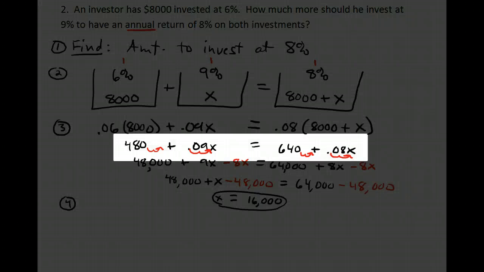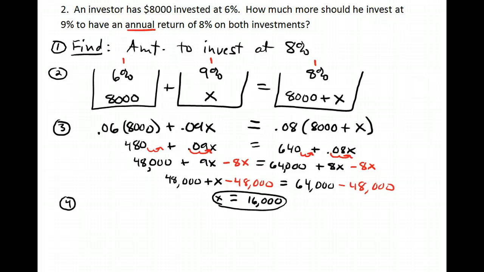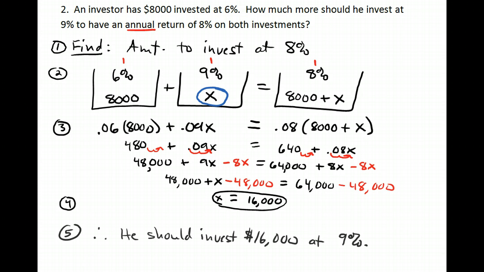When I multiply through by 100, I move the decimal point over 2 places, and I solve the equation. I get X equals 16,000. Well, what did X represent? X represented the amount that I need to invest at 9%. So now I can write my conclusion. Therefore, he should invest $16,000 at 9%.